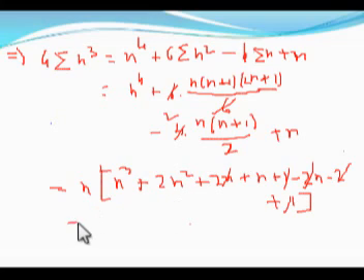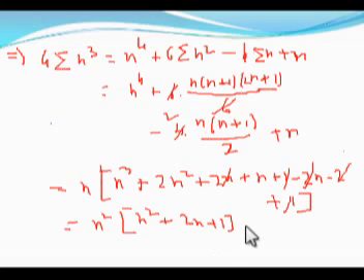We will take n common, and out of the bracket there will be n square, and in the bracket n square plus 2n plus 1. This can be written in this way, and this is the formula of (n plus 1) whole square. So we can write n into (n plus 1) and whole to the power 2.